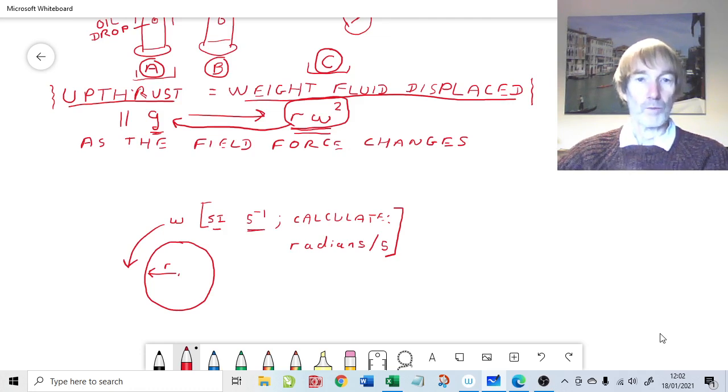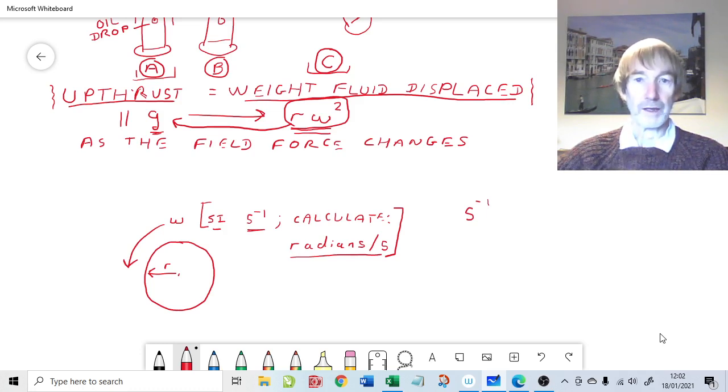Why not radians per second, which is kind of what people would normally think? Well, a radian is a dimensionless number. A radian is proportional to the ratio of the circumference to the radius of a circle. So it is a dimensionless number, the radian. So angular velocity has the units of seconds to the -1. And if you remember, we're talking about the centrifugal acceleration being r omega squared.